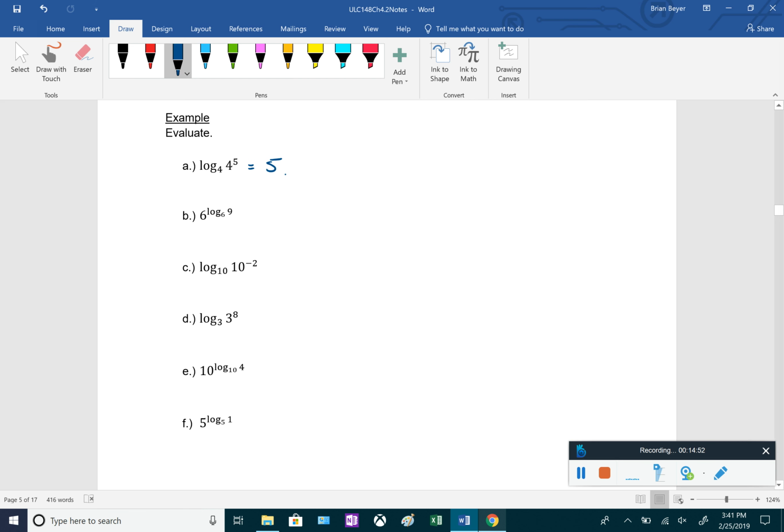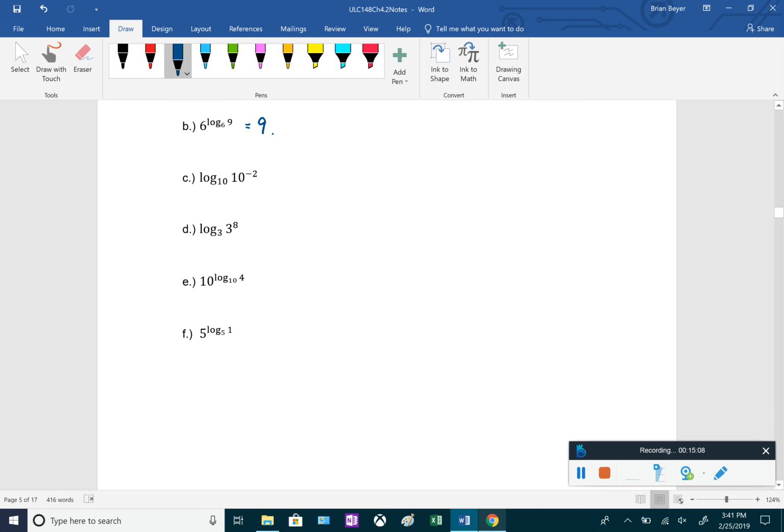For the next one, we have 6 raised to the log base 6 of 9. The exponential is base 6, and the log inside of the exponential is also base 6, so they're going to cancel. This is just going to equal 9. Next one, log base 10 of 10 to the negative 2.